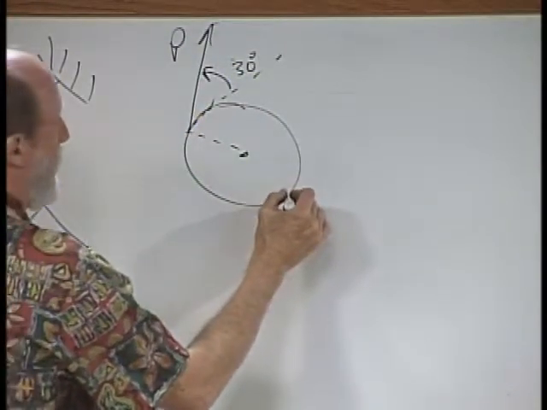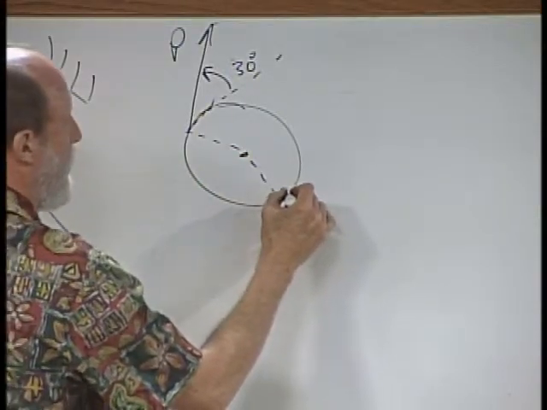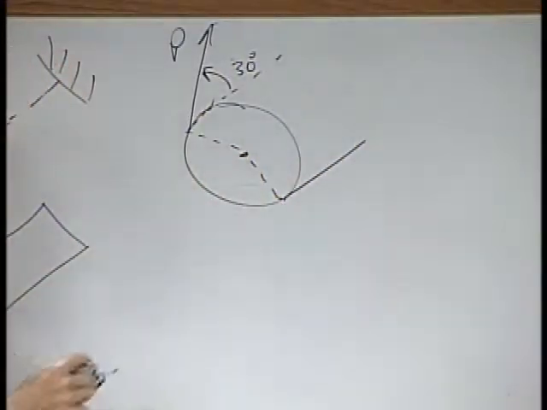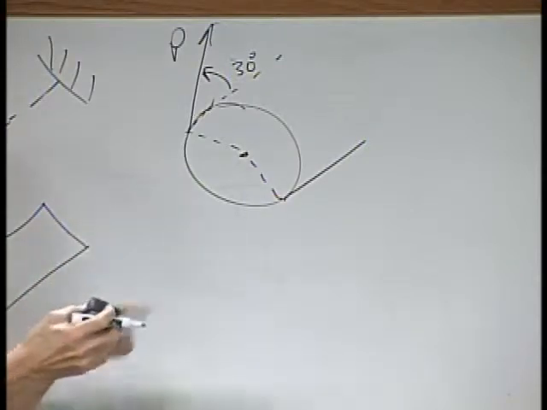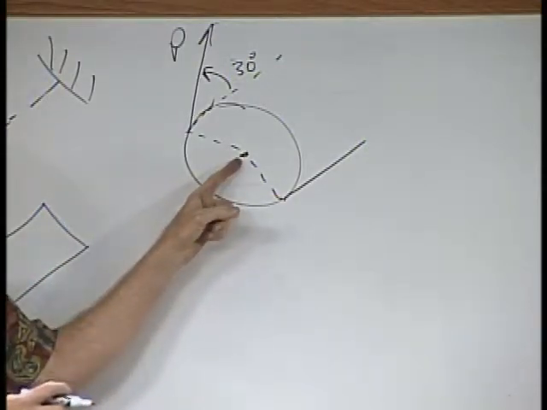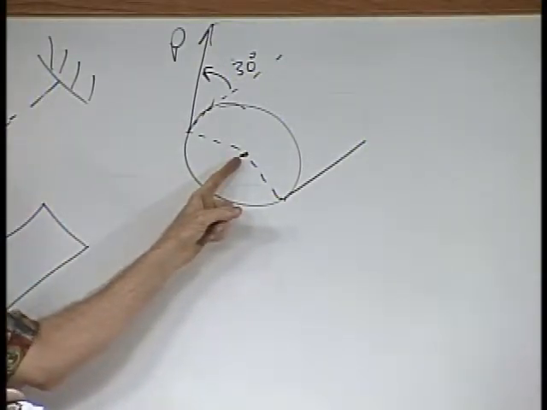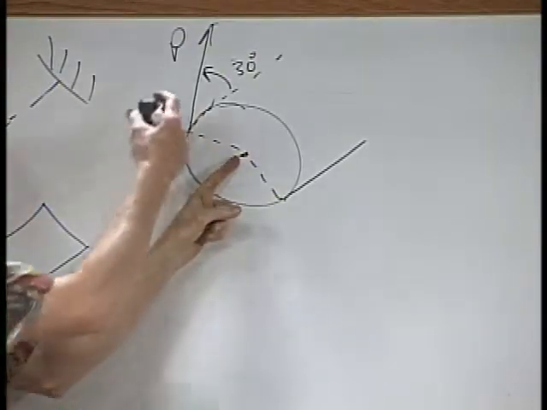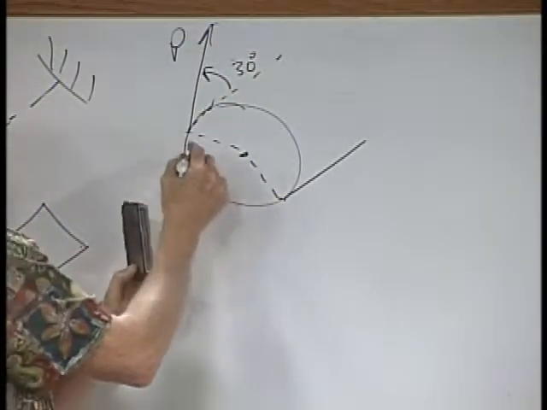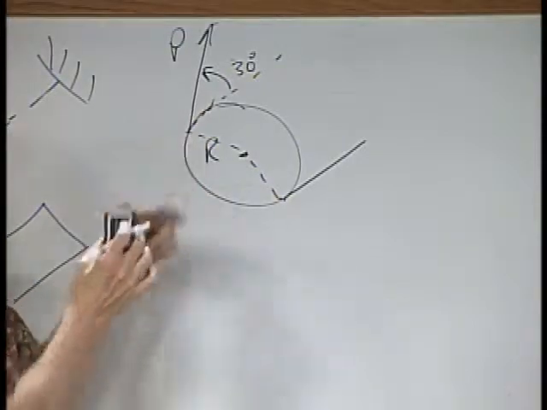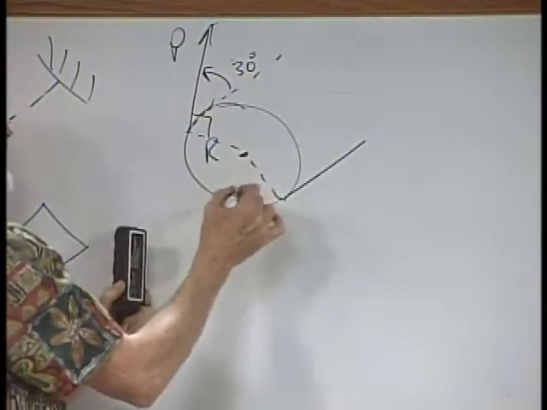And then coming out here is a force. Now imagine that we sum the moments about the center of this pulley. We know the force P on its lever arm R, and those are perpendicular.